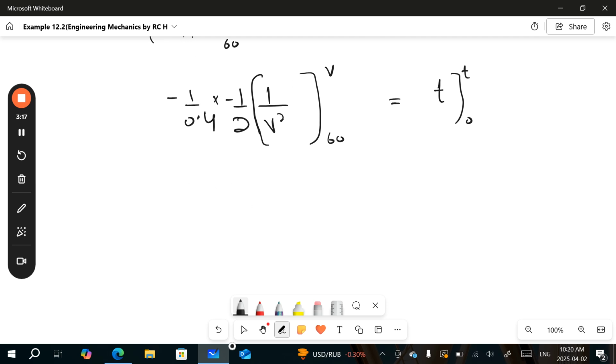After putting the limits, we get 1 divided by 0.8, times 1 by v squared minus 1 by 60 squared, equals t.